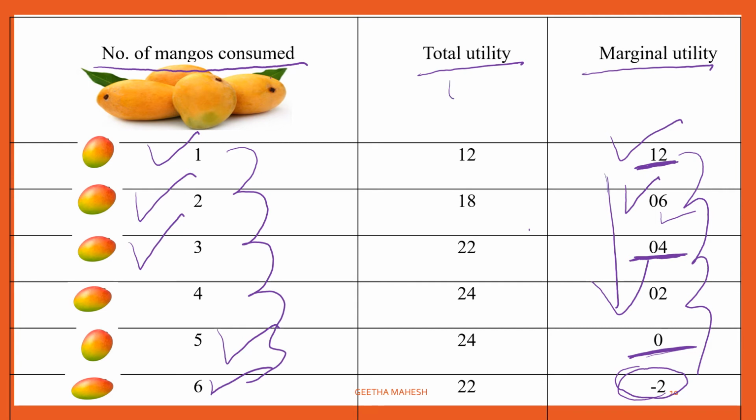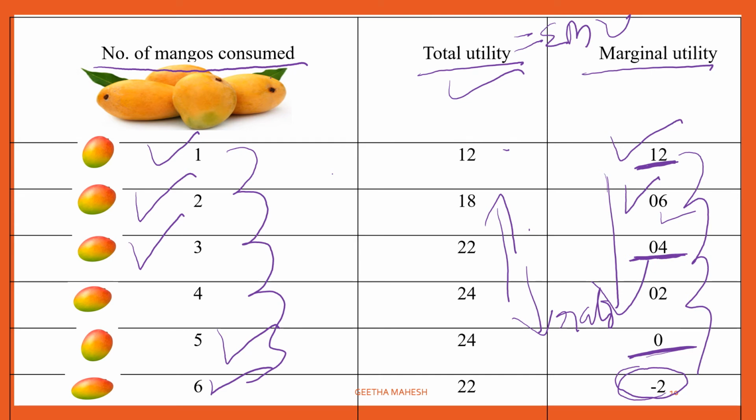Now you can see the total utility. Total utility, no doubt it is increasing, but it is increasing at a diminishing rate because total utility is a summation of marginal utility. Each time you are adding, as the consumption of mangoes increases, total utility is increasing, but each time the increase taking place is diminishing.